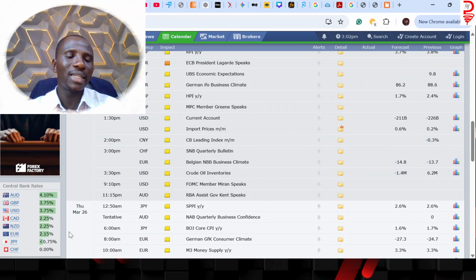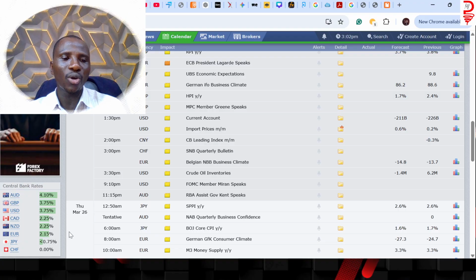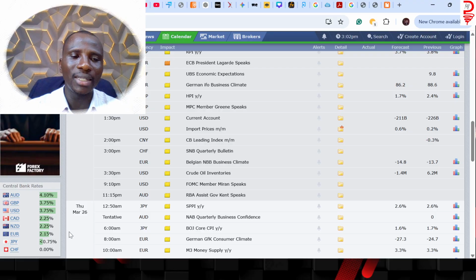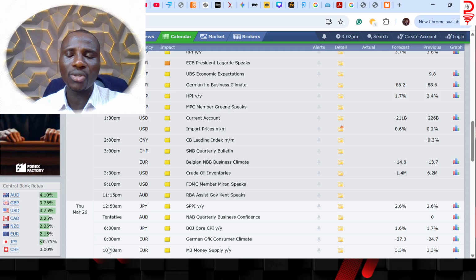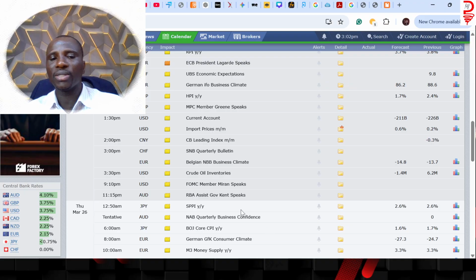Then the Canadian dollar and the New Zealand dollar maintained 2.25% interest rate, followed by the euro, which maintained 2.15%, and the Japanese yen is still maintaining 0.75%. And of course, the last currency is the Swiss franc with an interest rate of 0.00.